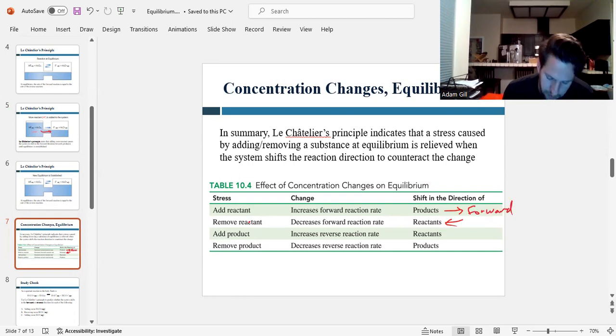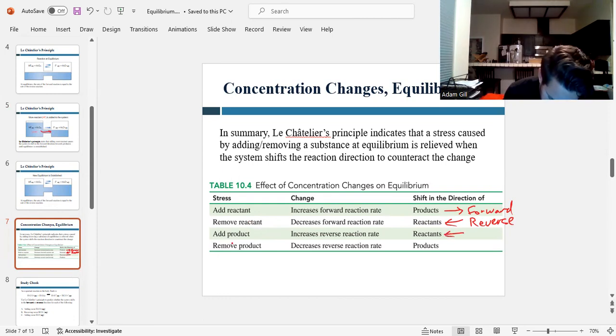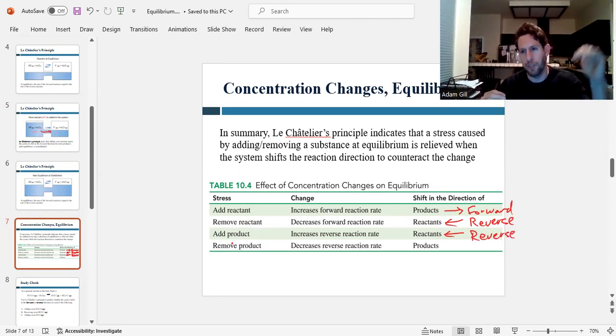Now, if you add product, the equilibrium will shift in the reverse direction. And if you remove product, equilibrium will shift in the forward direction.